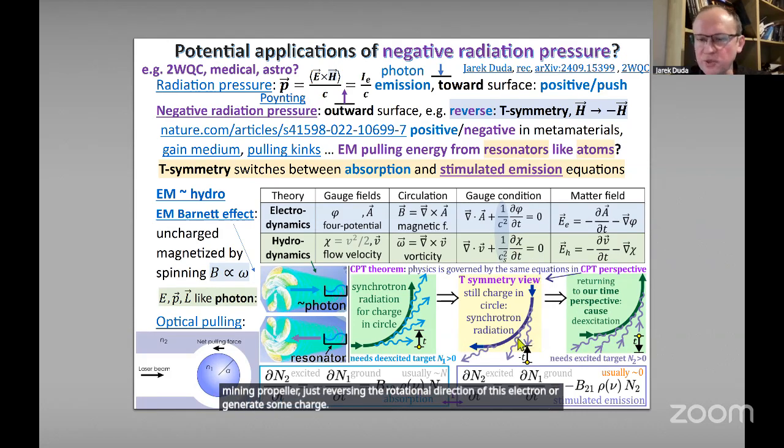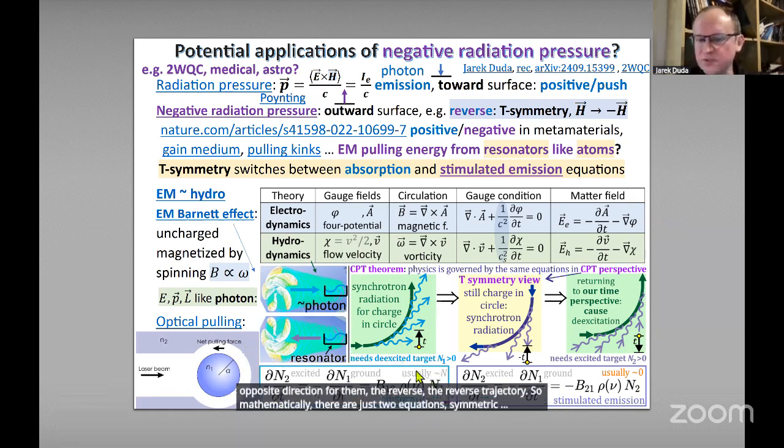Now it should also excite some target, but toward negative time. So returning to our time, it means de-exciting. It should have both the excitation in this direction, but also symmetrically the excitation in the opposite direction for the reverse trajectory.